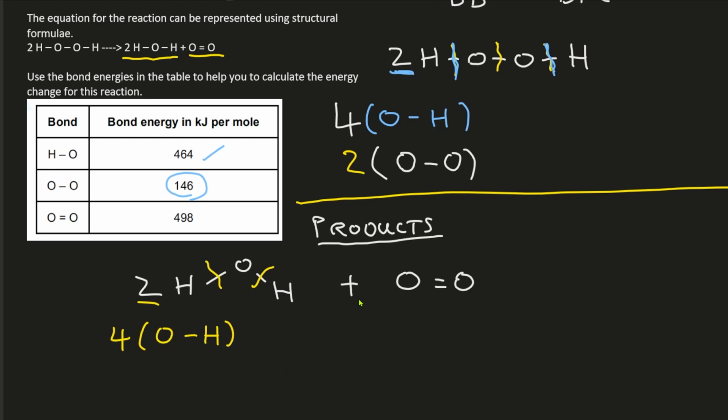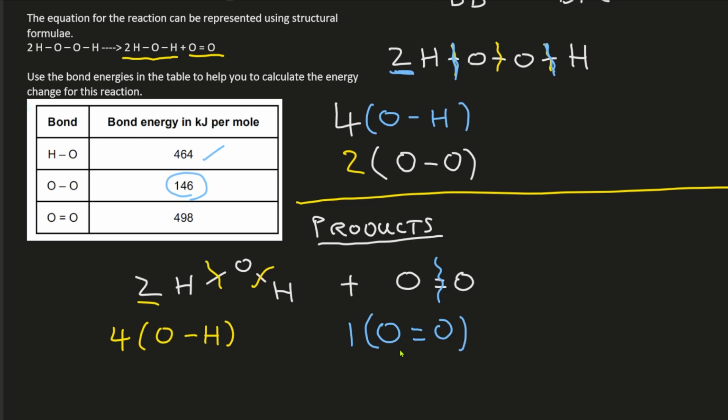This time on the right hand side with this oxygen, we don't have any number in front, so we have to assume it's 1 O double bond O that's broken. So only one of these double bonds is broken, and so we can simply write this as O double bond O. If you want to write 1 just to make it easier for you, you know that 1 double bond O is broken.